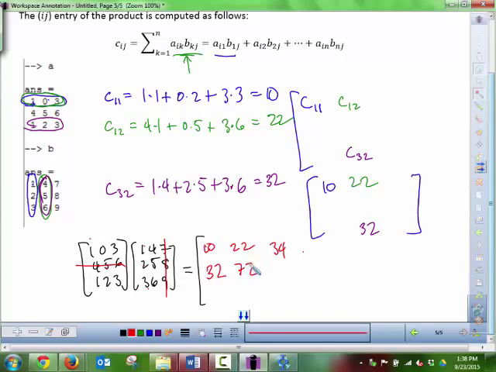Instead of 72? Was that wrong? I thought it was 36 plus 36.